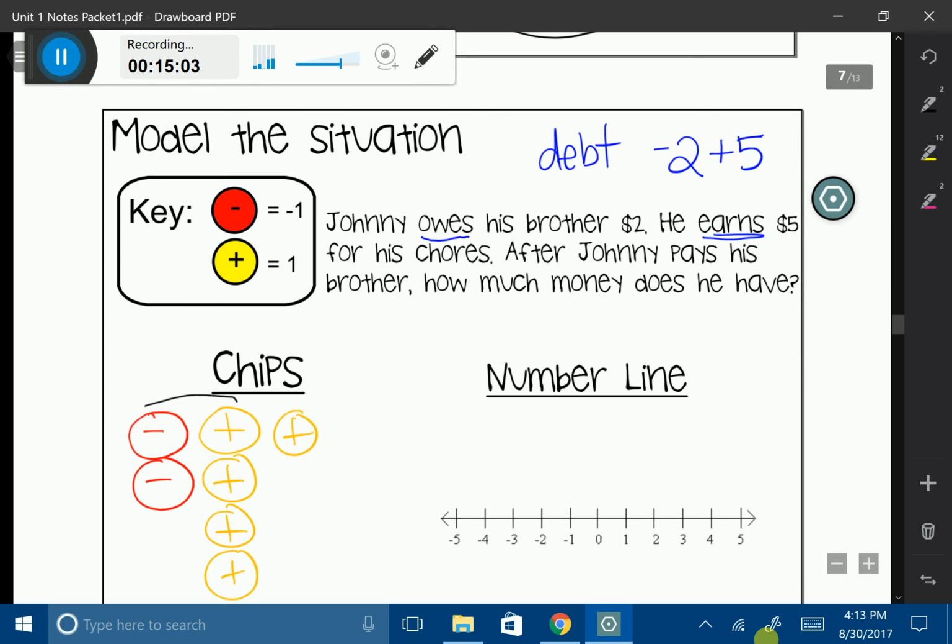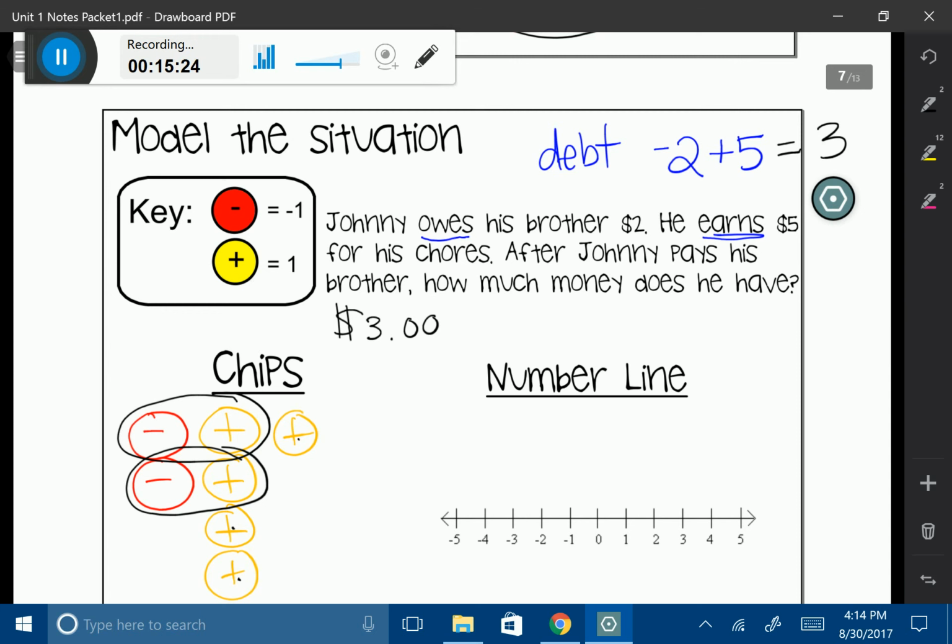I have 1 0 pair. I have 2 0 pair. Those just go away. And what am I left with? 1, 2, 3. Positive 3. So if this is equal to positive 3, that means that Johnny has $3 left after he pays back his brother.